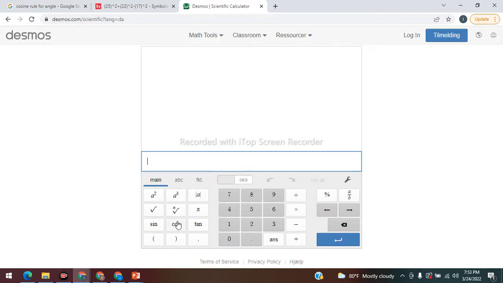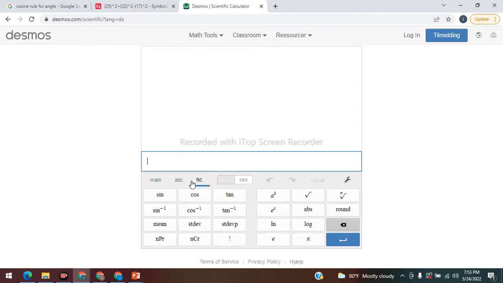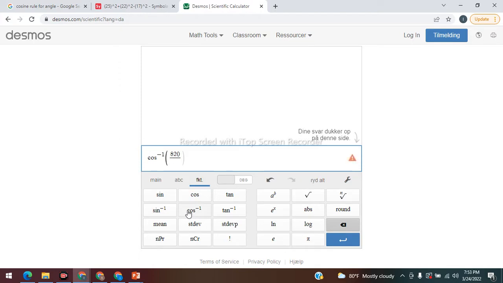So cosine inverse of 820 divided by 1,100, and we get, you want it in degrees. Hold on. How do you do that? Your calculator should already be in degrees.